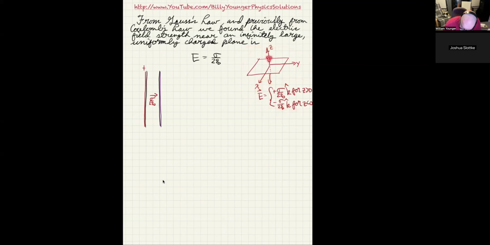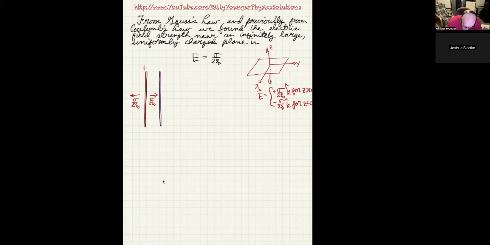So up here, the electric field points up. That's why we have the positive. Which direction does it point down here, though? Negative. Okay, so which direction does the electric field point over here? Again, ignore the negative plate, just thinking about the positive plate. The positive is to the right, so it's negative to the left. Exactly. So that one's sigma over 2 epsilon naught as well.